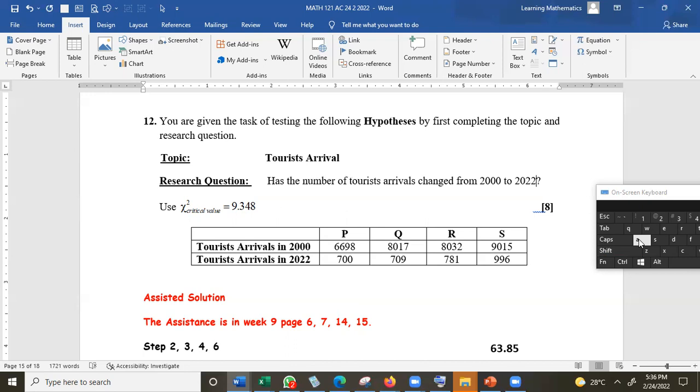Or you can say, is the number of tourists that arrived in 2000 different from the number of tourists that arrived in the year 2022?